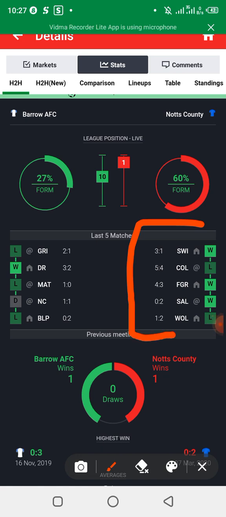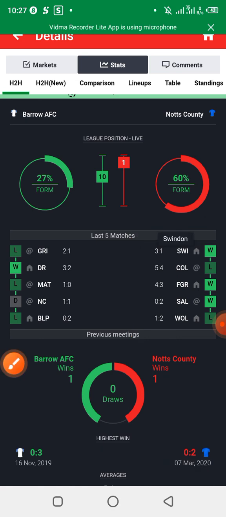If you look into the last 5 matches of the away team, in the last match, with Swindon, the away team won 3-1, and in the match with Colchester, they lost 5-4, and with Forest Green, they won 4-3, with Salford, they won 2-0, and with Wolverhampton, they lost 2-1.